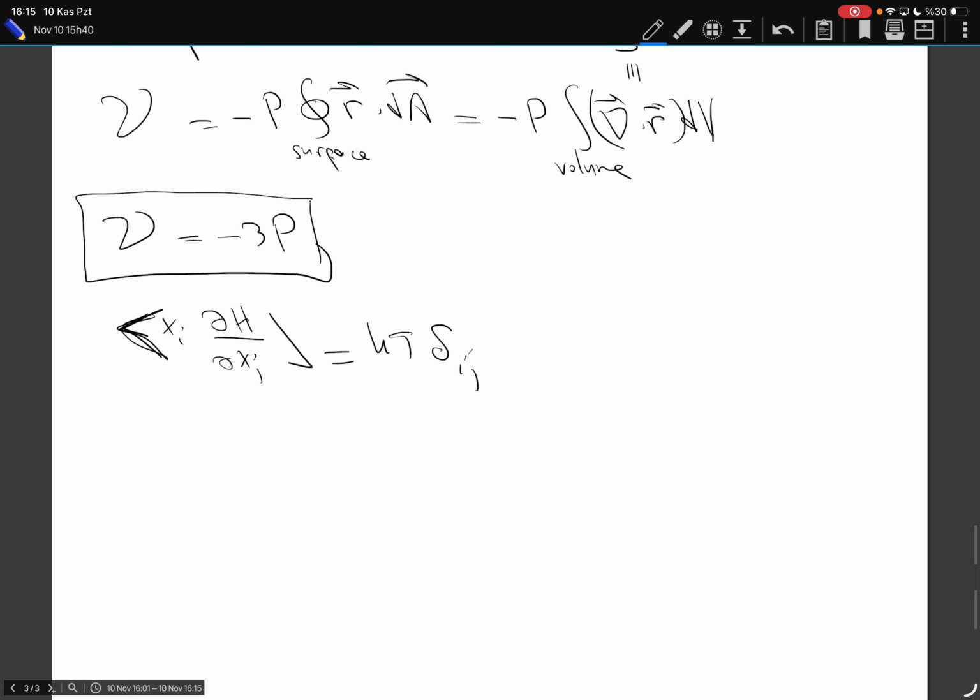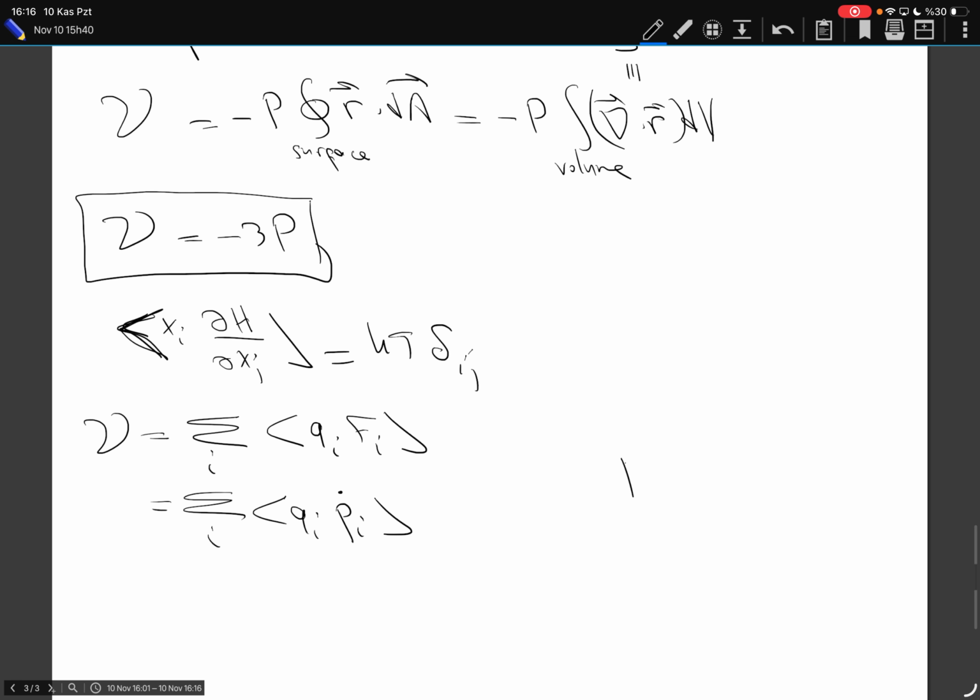Remember, I also have this expression. Well, now let's relate those. Remember, the definition of the virial was the sum over all particles Qi times the force acting on those particles. But the force is nothing but Pi dot, the rate of change of momentum.